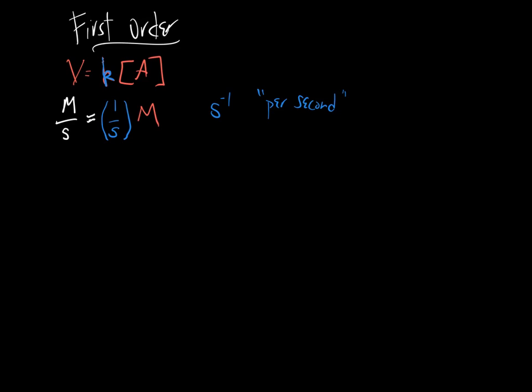So that's how we get molar over seconds. You just have to remember that it's the number there that's important. If it was 100 per second, that may be fast. But if it was 1,000 per second, that's even faster, right? Or 1,000,000 per second would be even faster. But 0.00001 per second would be very, very slow.